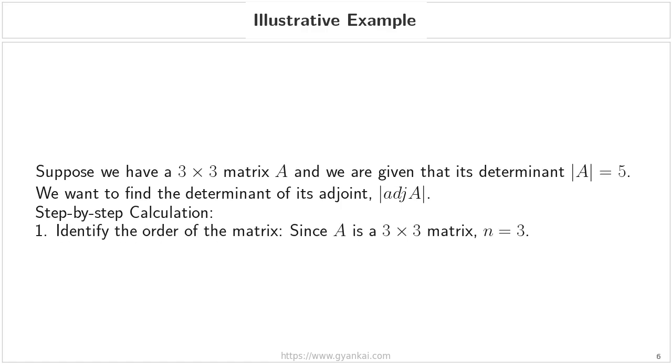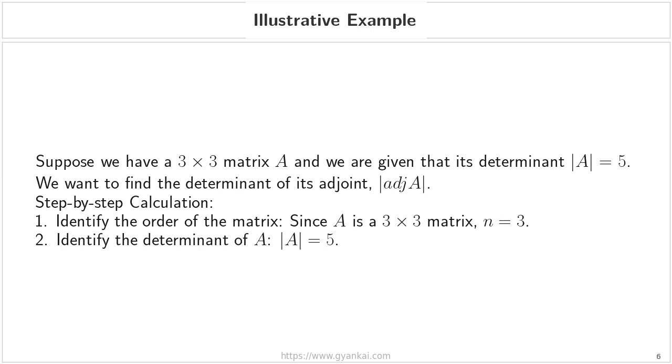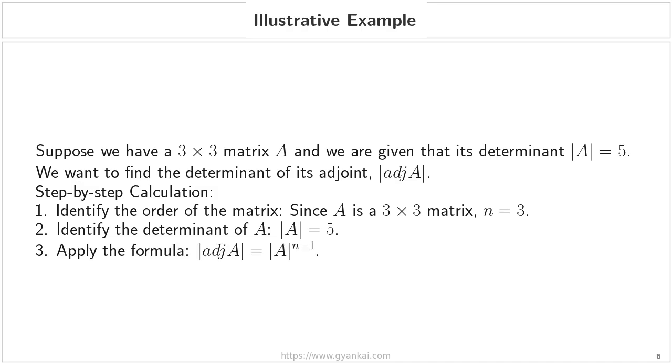First, we need to identify the order of the matrix. Since we are working with a 3 by 3 matrix, our value for n is 3. Second, we note the given determinant of matrix A, which we already established is 5. Third, we recall the formula we just derived in the previous slides. We will apply the formula where the determinant of adj A equals the determinant of A, raised to the power of n minus 1.